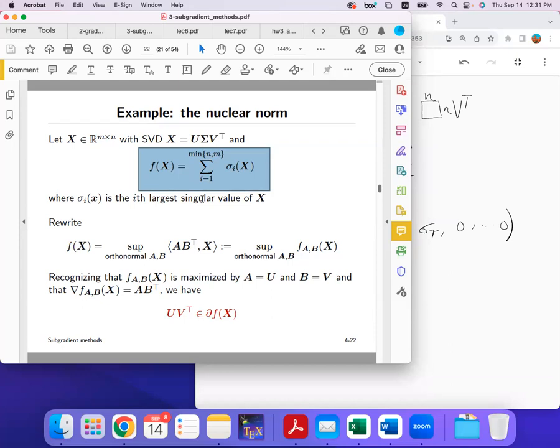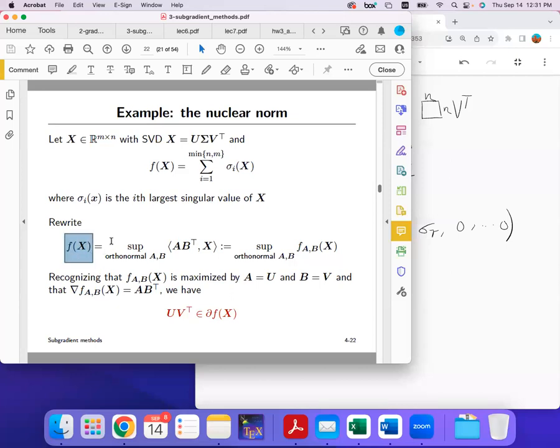And we can characterize its subdifferential. This is called the nuclear norm, the sum of all the singular values of a matrix. If we consider the maximum singular value, then that is called the operator norm or spectral norm. But here it is the sum of all the singular values. We call it the nuclear norm, and it is a norm.